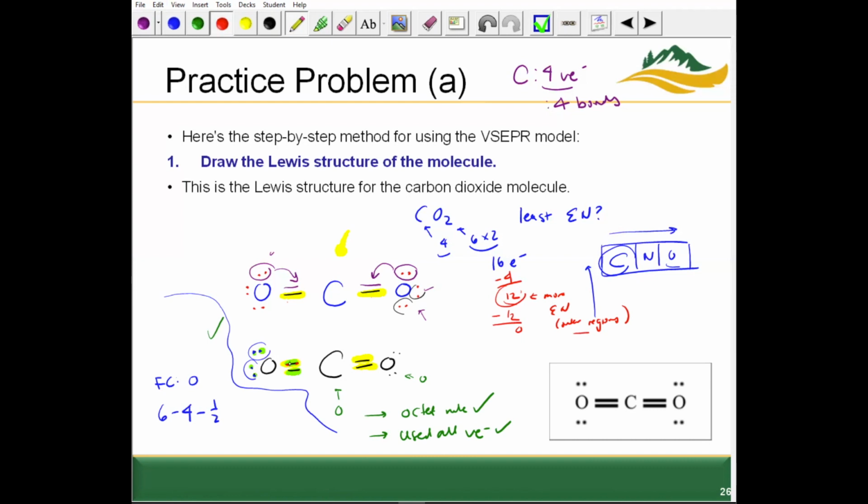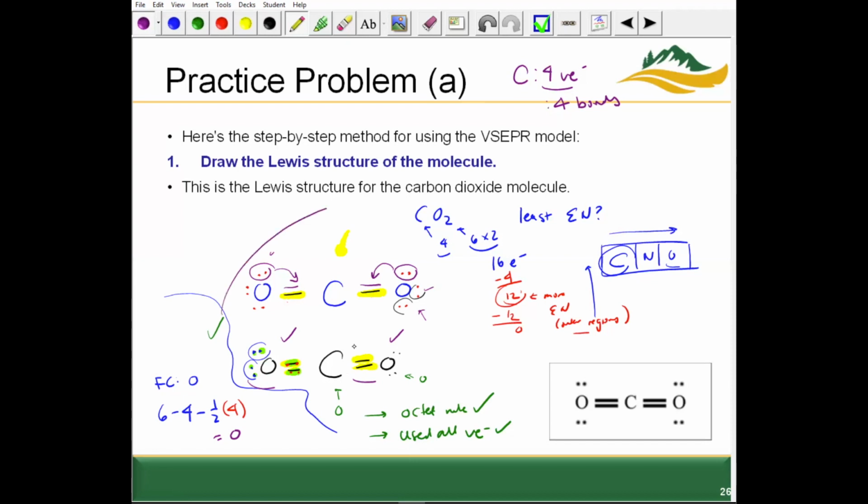That is 1, 2, 3, 4. 6 minus 4 is 2, then minus 2 is a formal charge of 0 for this oxygen, and for this one as well, because they have the same type of bonding. So double bond here, then 2 lone pairs.